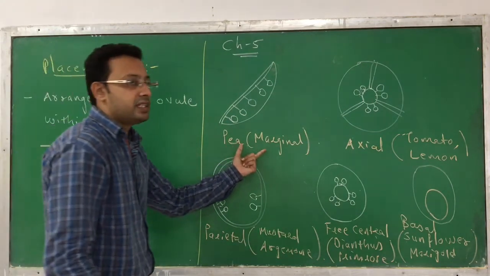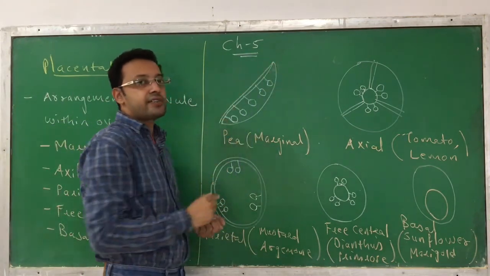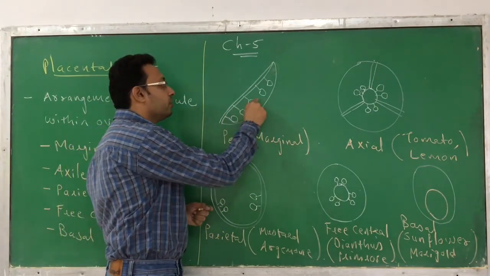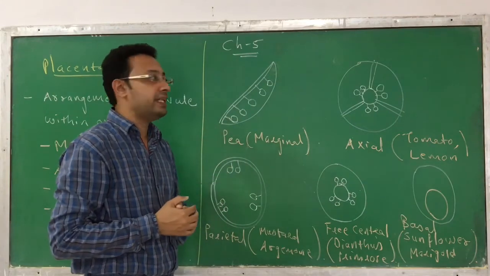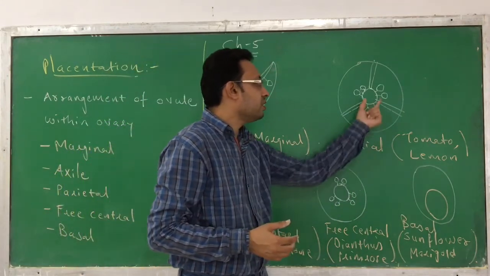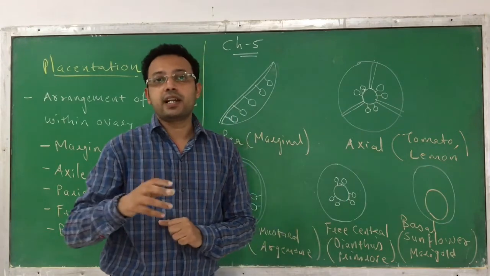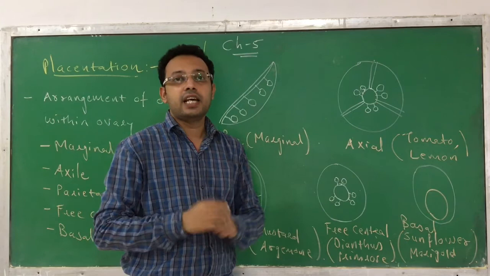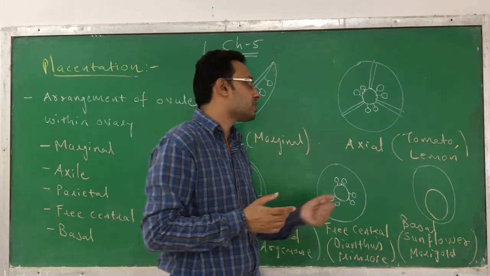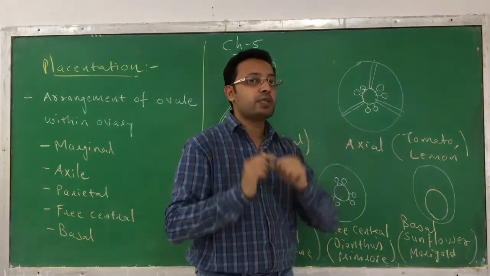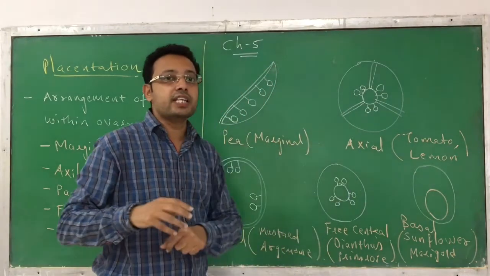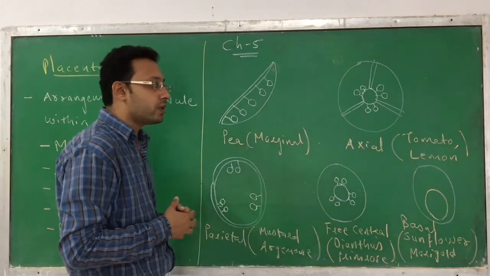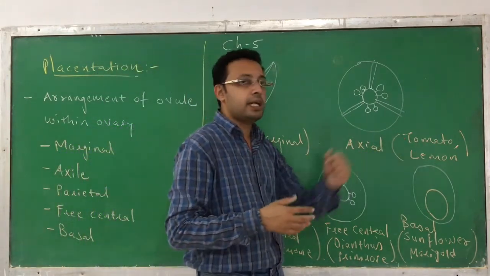In marginal placentation, the placenta forms a ventral ridge, and on both sides of this ridge there is formation of ovules, as observed in pea. In axial placentation, the placenta is located at the axis, and from that placenta the ovules arise. Here there is also a septum which divides the ovary into multiple locules, so it's called a multilocular ovary, observed in tomato and lemon.